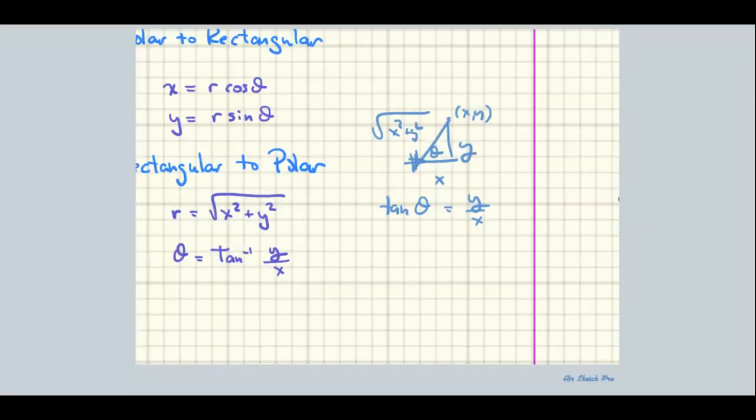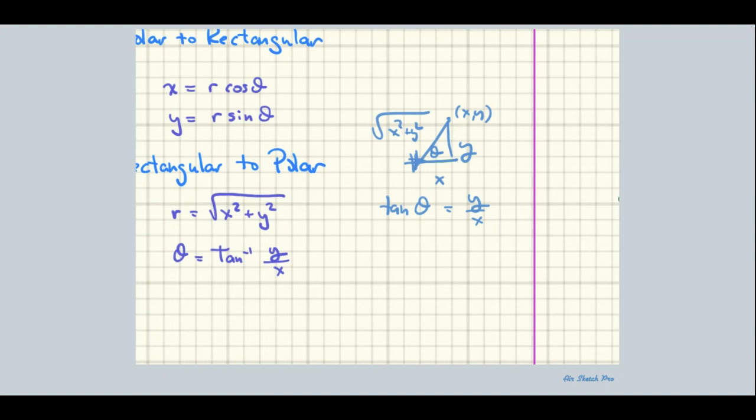And if it's a point not the origin itself, the pole doesn't have any angle associated with it. They think of the pole as every direction at the same time with a radius of 0. So we have to handle the case where the x-coordinate is 0.